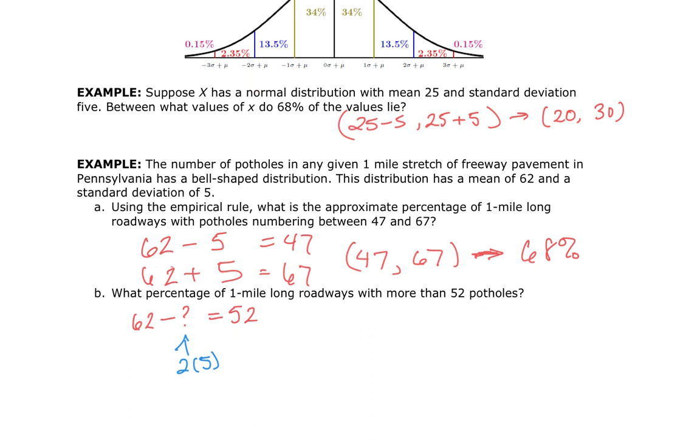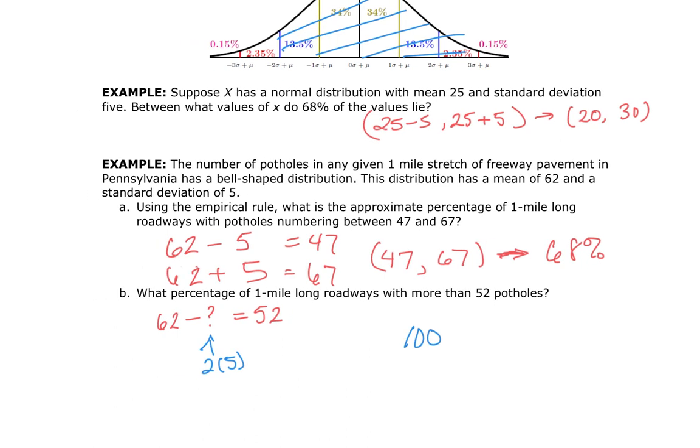What percentage of roadways have more than 52 potholes? If I look at my normal graph, I know that it should be 13.5 plus the 34.4 plus the 34.4. So let's do it this way. It's actually going to be easier to do 100 percent because we're talking about percentage, and let's subtract off what I don't see. What I don't see is this first 2.35, and this other 0.15.